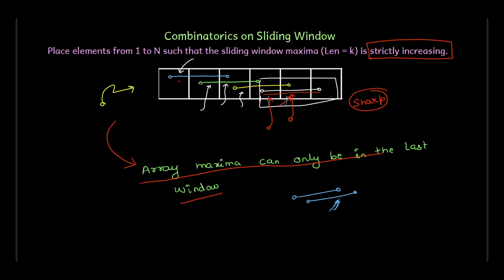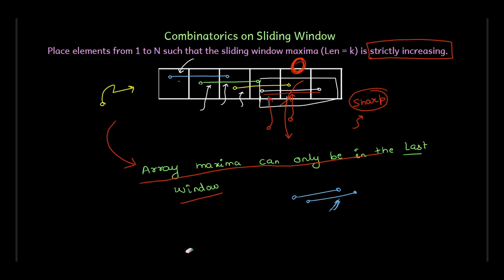I wouldn't say very sharp, because in one way it's very obvious just by looking at what's written on the screen. But if you stop to think about it, maybe it's not that obvious to some of you. The statement says that the maxima can only be in the last window. Now assume that you placed a maxima over here, on the second last element.